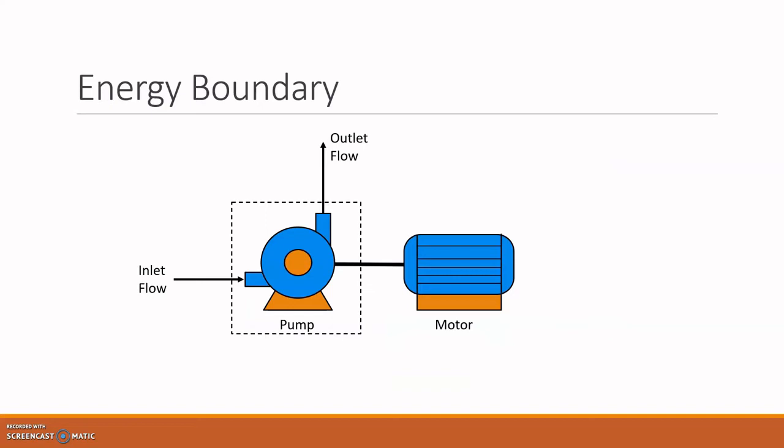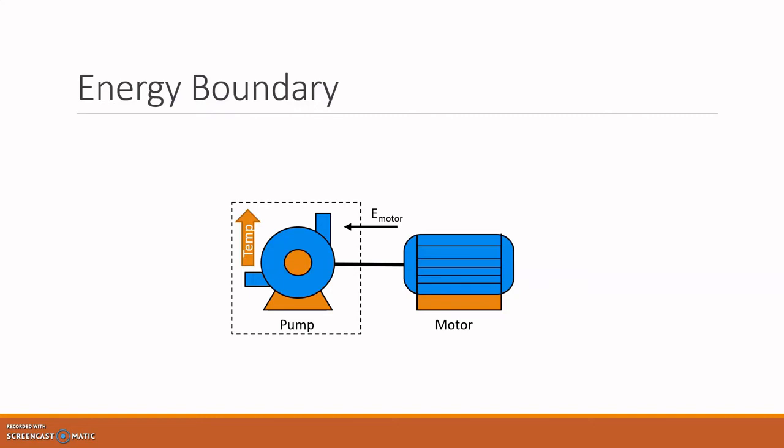Then we begin looking at the energy boundary of the system. If we set the boundary to just the pump and make the system inside the pump, initially we have the inlet flow and outlet flow out of the pump and also some energy being added from the pump motor, but not as much since there's continuous flow throughout. Ultimately, when we deadhead, there's no longer a place for the fluid to go on the outlet side.